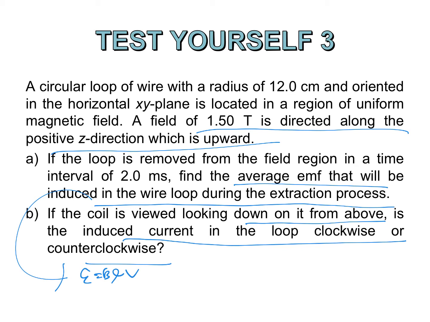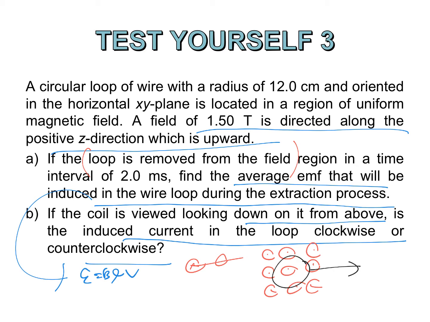Okay, so if the loop is removed from the field, for example, you have an area like this, a plane of the magnetic field, and then you have a loop over here, so it's removed.